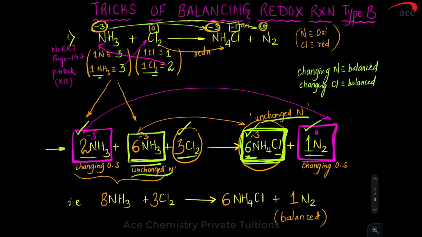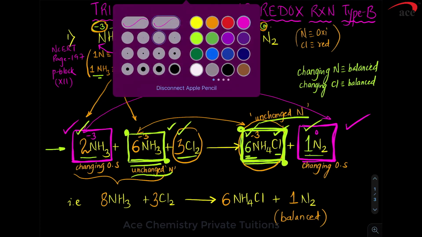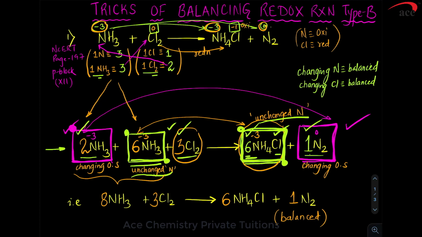The changing oxidation state was shown with pink and the unchanged was shown with green. Remember, this balancing was associated with this balancing, while this balancing was associated with this balancing. Remember that. So they were associated.